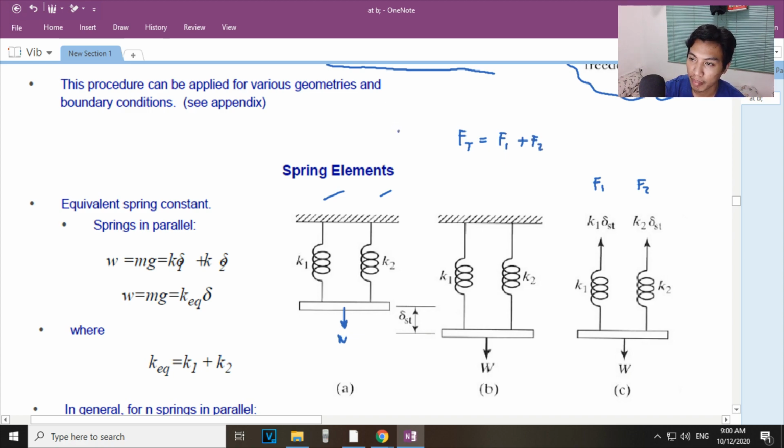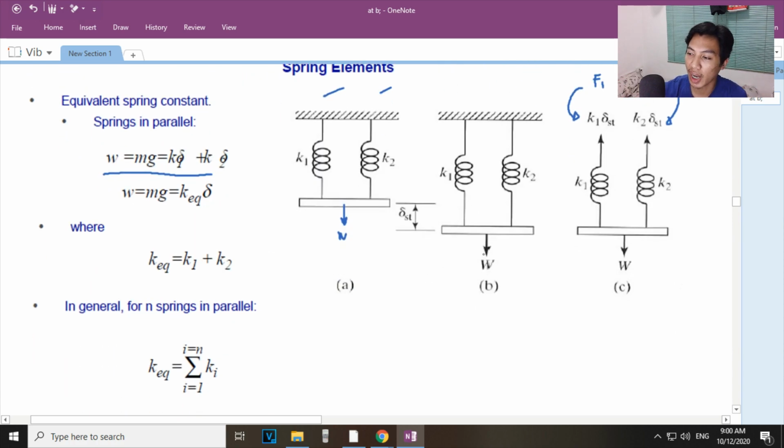Parallel to. Ayan, F1, F2. Eh, ang F1 mo is equal to K1 tapos yung kanyang deflection, and then F2 is K2 yung kanyang deflection. That is added and will be equal to your weight. So, na-derive yan dito.